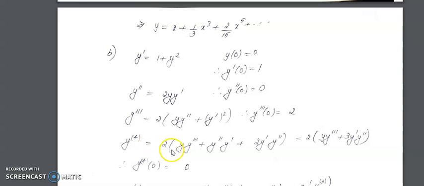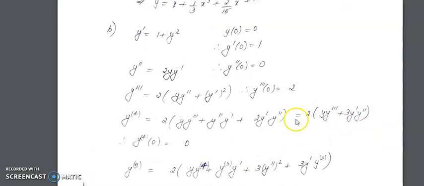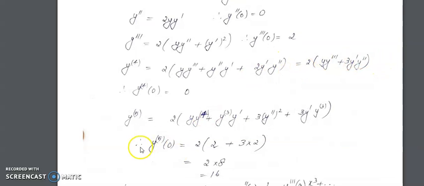Similarly, when we take the fourth derivative, you will get 2y y triple dash plus 3y dash y double dash. So again this term will be 0. So y4 at 0 will be equal to 0. Again when you take y5 and differentiate y4, applying the product rule you will get 2y into y4 plus y3 into y dash plus 3y double dash square plus 3y dash y3.